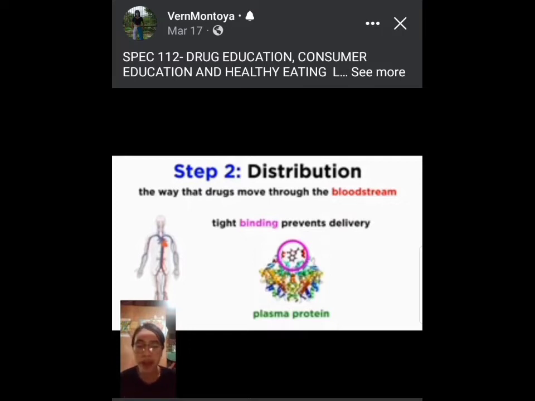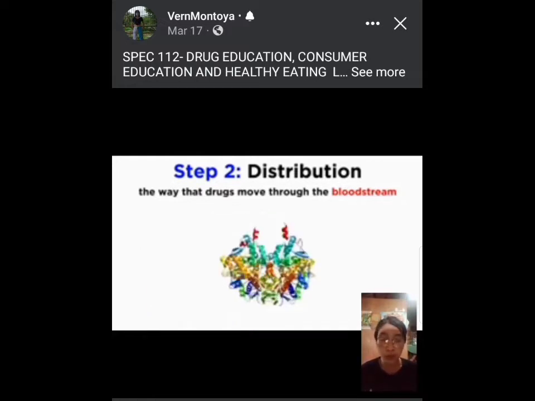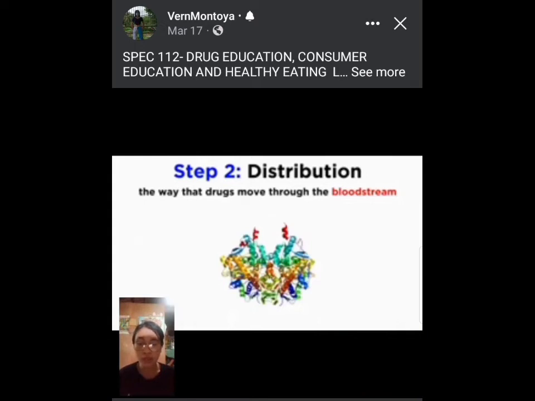If the drug binds too tightly to these proteins, it will not be able to reach its target cells. Sometimes a second drug is administered in conjunction with the first that has a higher affinity for the proteins than the first one does, serving the purpose of displacing the primary drug once bound to the protein, allowing it to be delivered to its destination.